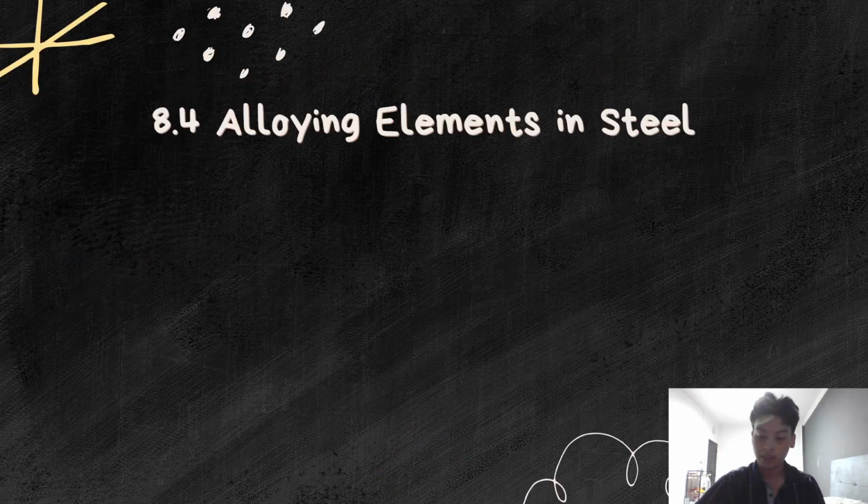Alloying element steels. Steels form one of the most complex groups of alloys in common use. The synergistic effect of alloying elements and heat treatment produces a tremendous variety of microstructures and properties. Carbon is the single most important alloying element in steel.